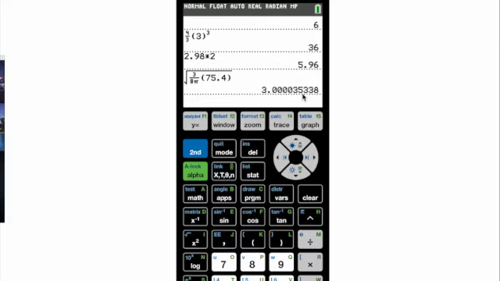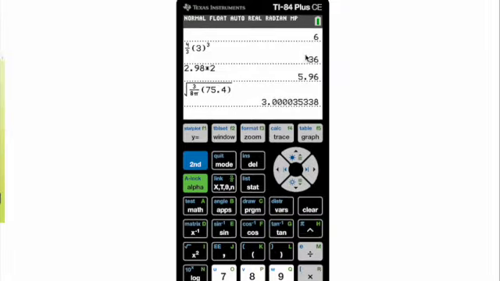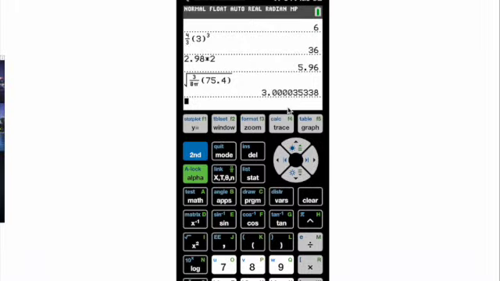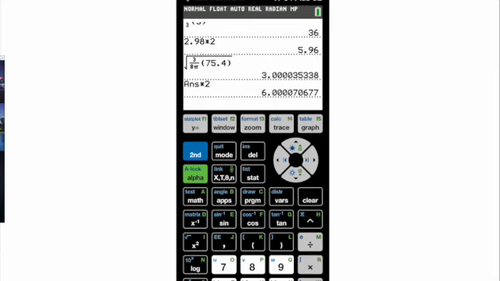Enter. We have 3.0, which is about similar to what we came up with, right? 2.98 would round, you would still get the same number rounding, right? So the radius is 3 times 2, and we have a diameter of 6, okay?